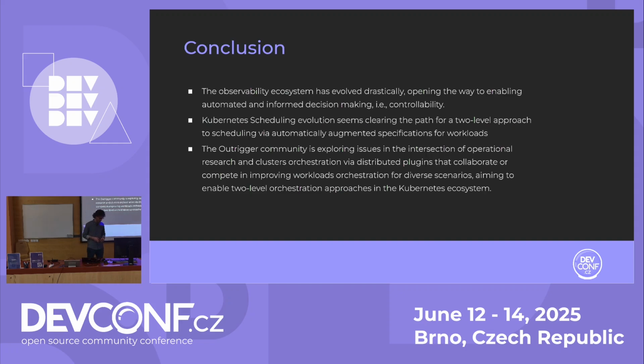And I think, just to add one more thing, the observability ecosystem in the past few years has evolved drastically. And the amount of data that we have today about what happens in a cluster is huge. And sometimes it is not well used.